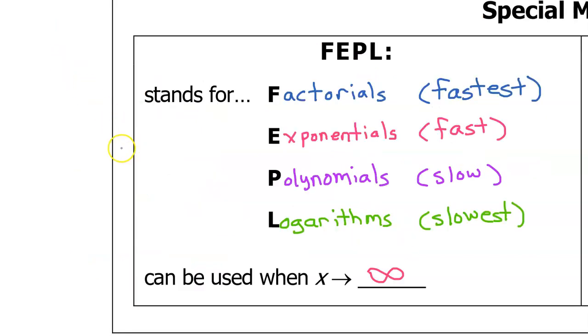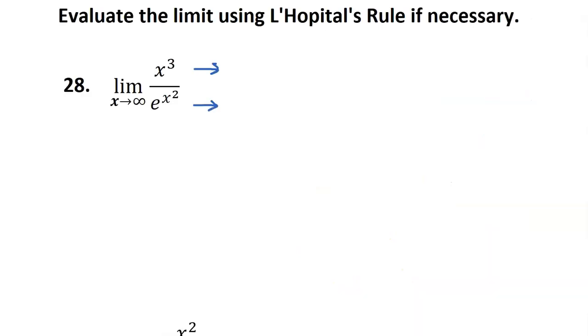Now, if you're thinking to yourself, wait a minute, didn't we learn how to solve problems like this back in Unit 1 using FEPL? Yes, you are correct. Back in Unit 1, we learned that factorials grow faster than exponentials, which grow faster than polynomials, which grow faster than logarithms as x approaches infinity.